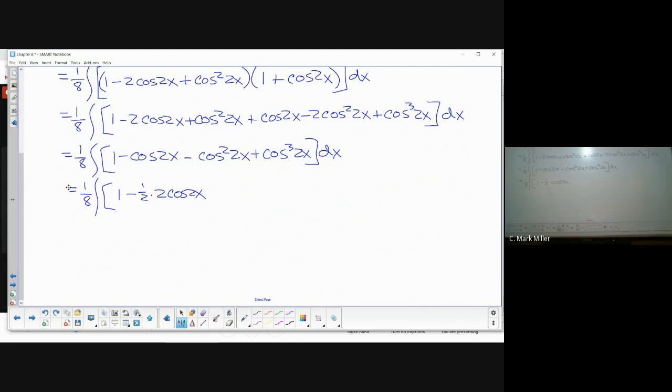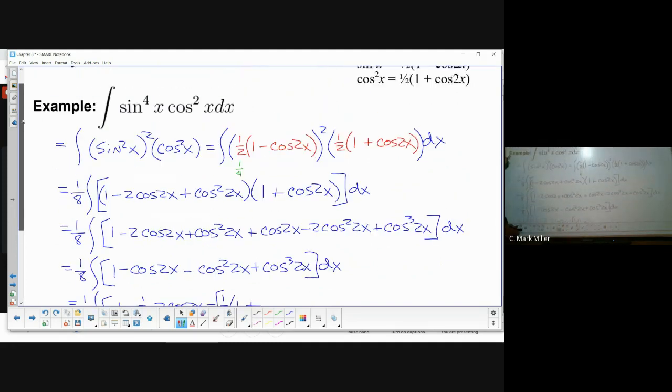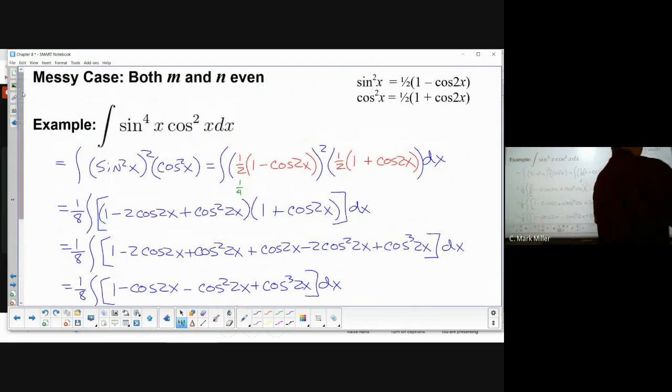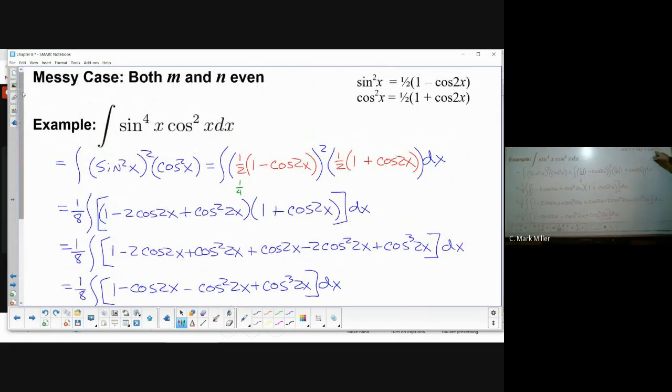This next one, minus, careful, 1/2, 1 plus, notice here in our formula, this is double that angle.